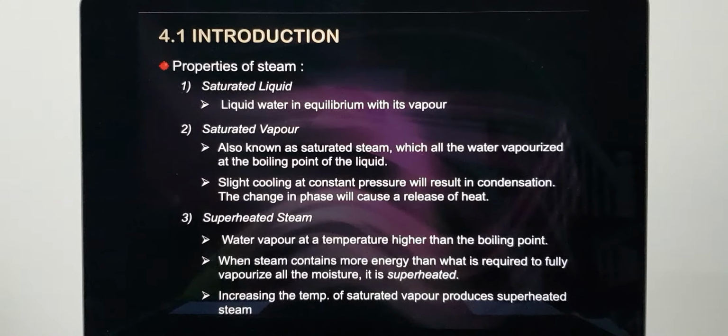For example, if you are boiling normal tap water, the boiling point is around 100 degrees Celsius, so the water will start to vaporize at 100 degrees C. But if you add salt, then the boiling point will start to increase. It is no longer 100 degrees Celsius, maybe it is around 110 degrees Celsius. So it depends on the type of the liquid.